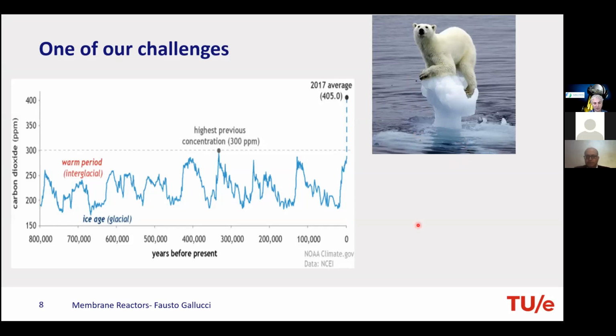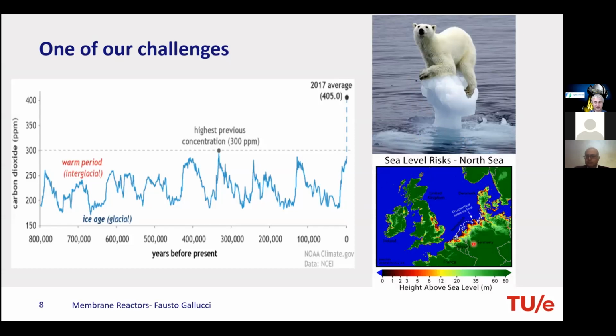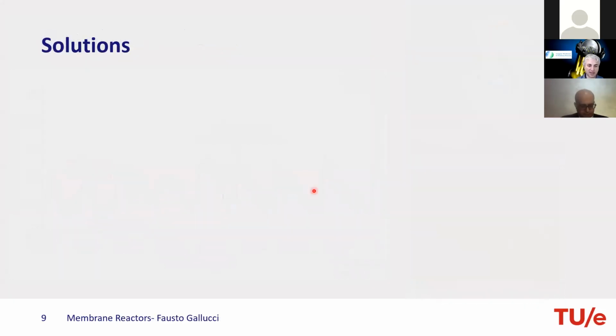And if you look at the models where the water will flow, and you recall where the Netherlands is, you will see that if we don't do anything, then part of our country will be underwater very soon. So this is a driver to do something with CO2 emissions. Now, if you want to find a solution to this problem, I identify a few solutions.